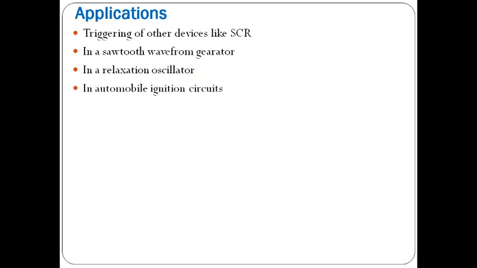This is usually used in triggering circuits. To turn on the SCR, silicon controlled rectifier, we need to trigger it. The triggering will be given by the UJT. So these UJT circuits are used to trigger the SCR, and unijunction transistors are generally used to generate different types of waveforms.